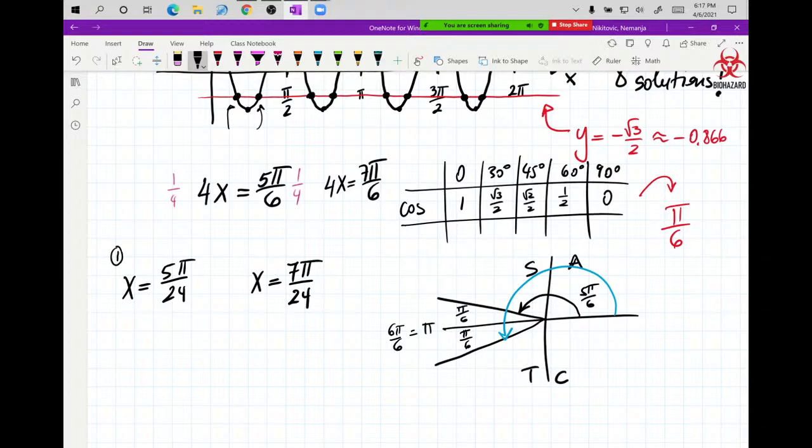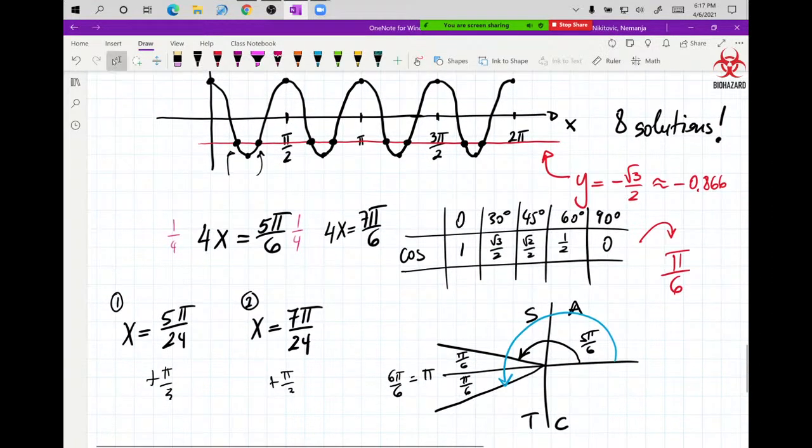That's the first, and that's the second. All I need to do now is to add pi over 2 three times to come up with the other three for each one of these. Because I got these two angles: this one is 5 pi over 24, and this one is 7 pi over 24.